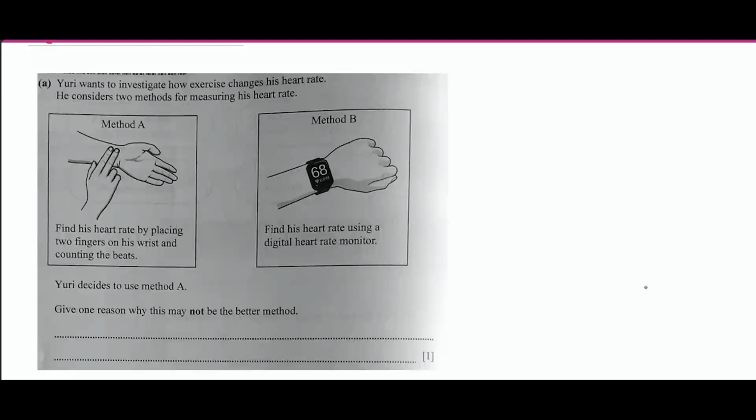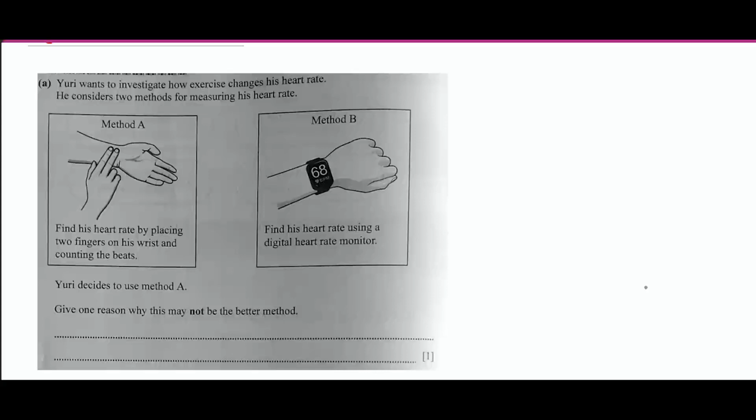Method B is by finding his heart rate using a digital heart rate monitor. Yuri decides to use method A. Give one reason why this method may not be the better method.